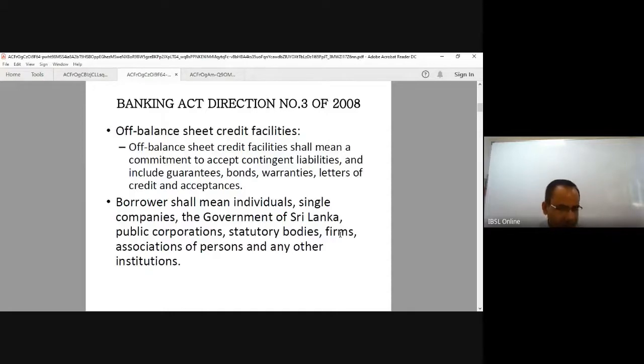So the customer, sometimes we will be charging a commission for that, right? Or some security arrangement also we will need, in case there's a claim, we will have to meet it, so we need to have a security arrangement. So that is about the off-balance sheet items that we were discussing.